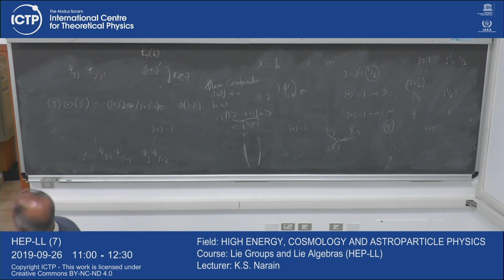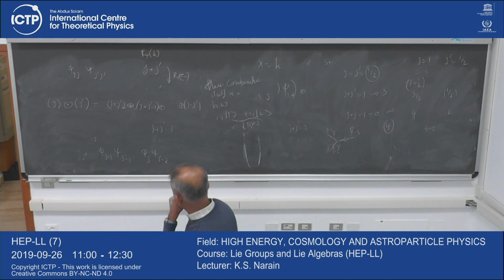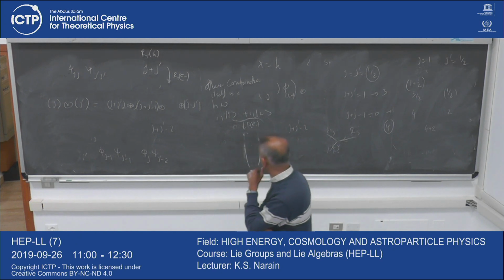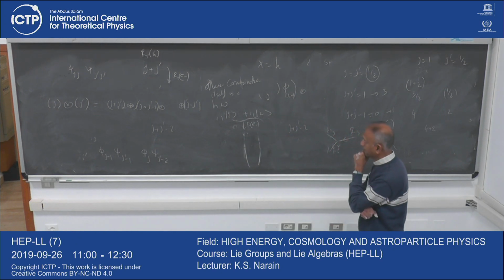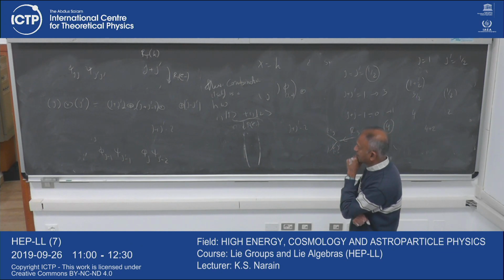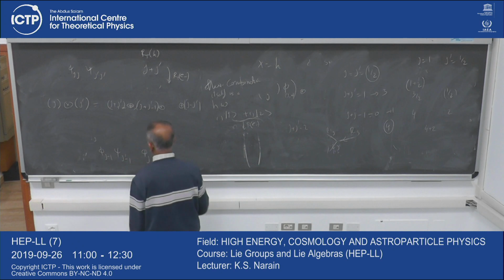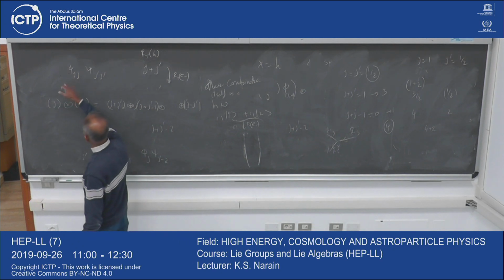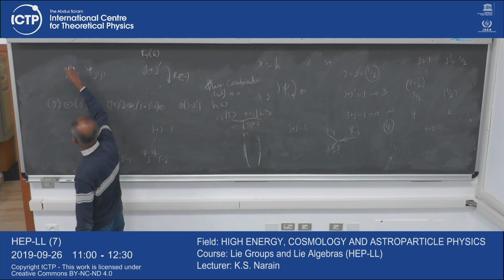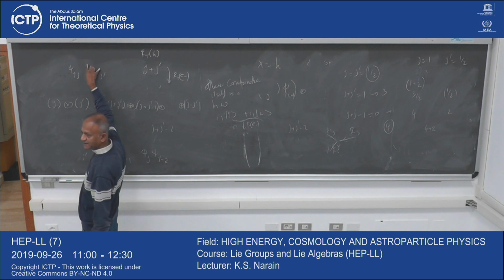Okay, now for the remaining time, let me see if there's something else to say here. One more comment you immediately see from this: this was at the Lie algebra level. At the level of the group, at the finite group element, what happens with the tensor product is that the group acts on this and this simultaneously.